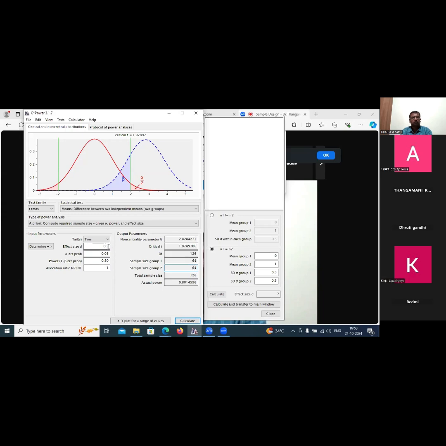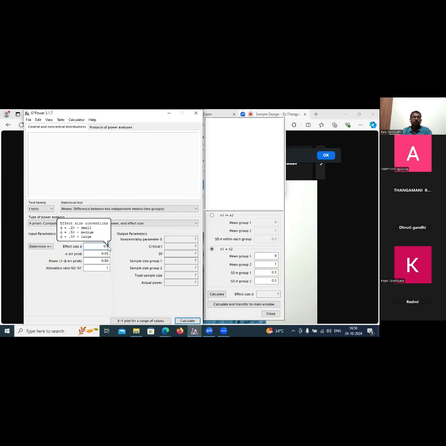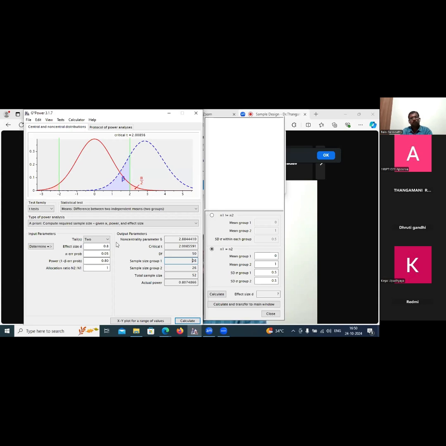Now if I keep 0.8, I am very sure that my experimental group will be far better than the control group, a huge effect size. Then it is only 26 per group. Can you see the difference? 26 versus 64 is a vast difference. If the effect size may be very small and I keep 0.2, it will be 394 per group.